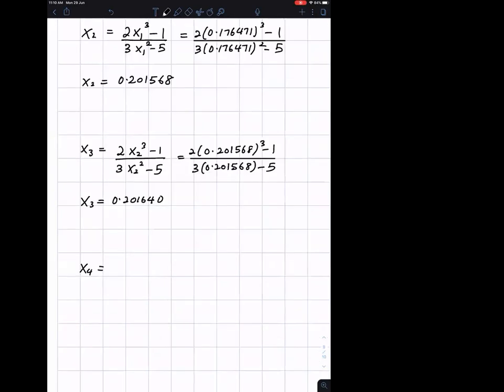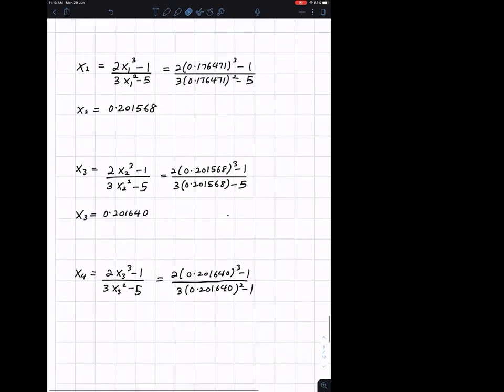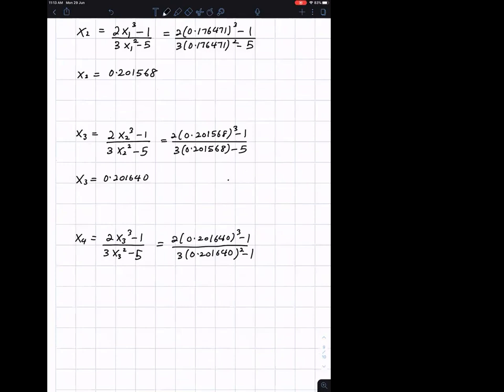Next, you calculate x4. X4 is 0.201640, smallest root.